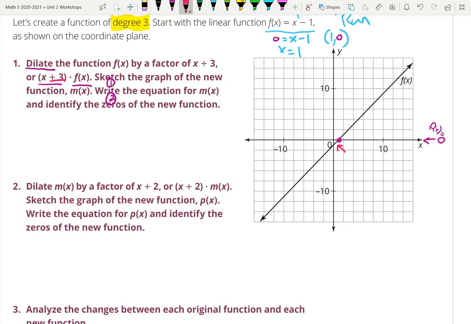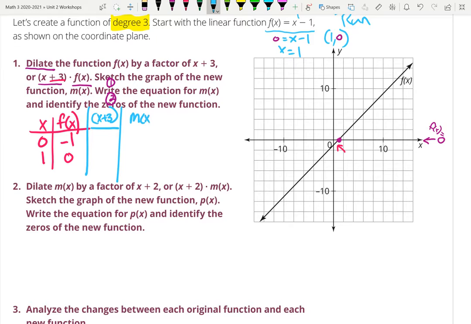So let me go ahead and draw out my x and my f of x. When it's 0, it's negative 1. When it's 1, it's 0. I'm going to multiply the f of x by this factor, x plus 3, and this is going to create my m of x, what I want.